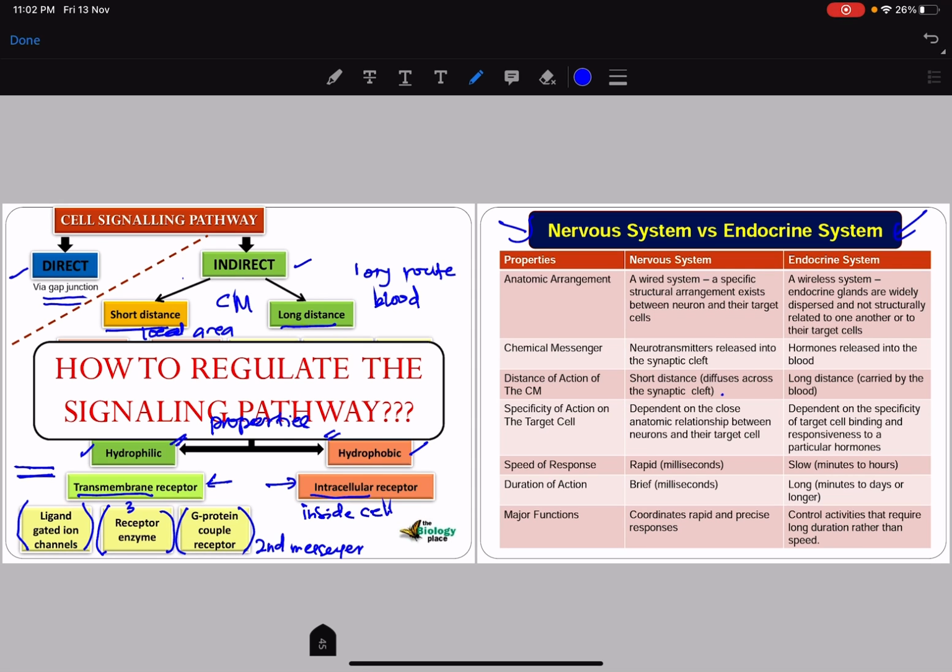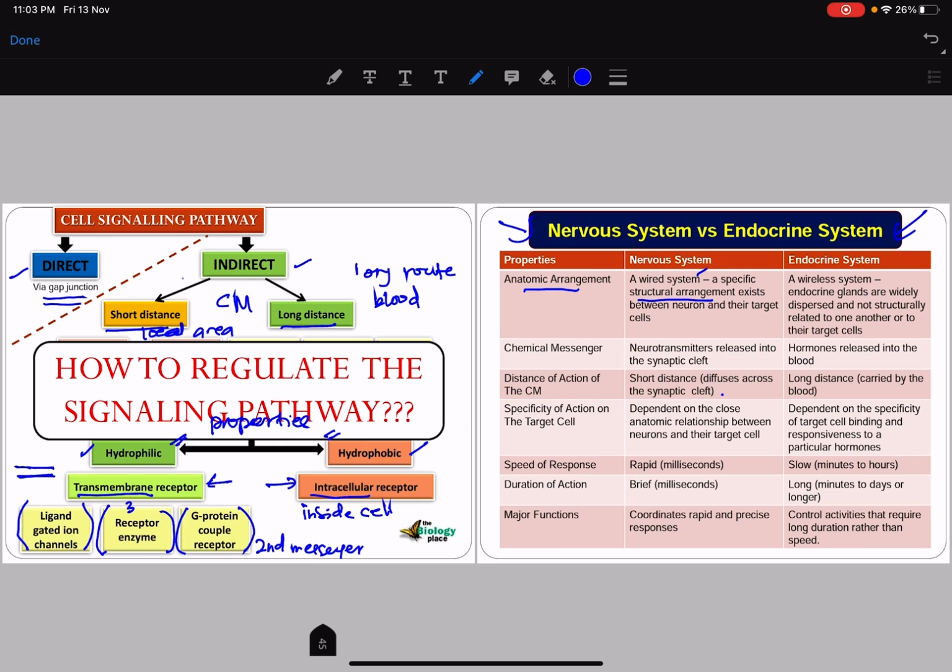Let's look into these systems one by one, the properties and then the anatomic arrangement. The nervous system is a wired system, because this system has a specific structural arrangement: from one neuron to another neuron, and then to the next neuron, and then to the target cells.